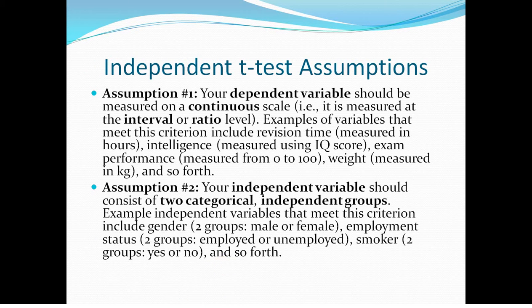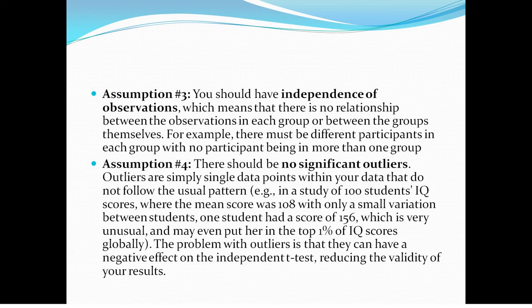There are some assumptions. Your dependent variable, your salary, is continuous. And then assumption 2, that there's 2 categories. Male, female, yes, no, took the drug, took the placebo, etc. Number 3, independence of observation.